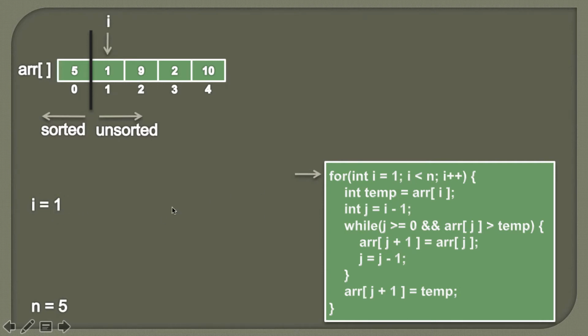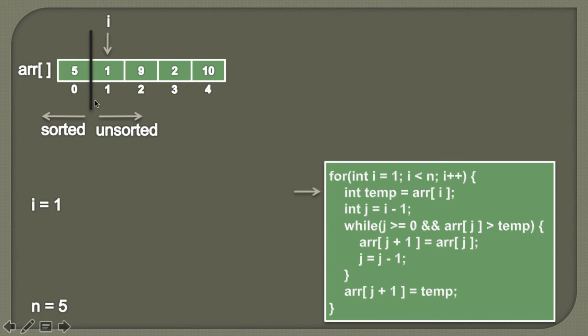And as I having value 1 is less than 5, the condition in the for loop comes out to be true. Here when we perform insertion sort, one rule of thumb is we always pick the first element of the unsorted part and try to put it in the sorted part by comparing it with all the elements in the sorted part and placing it into its correct position.